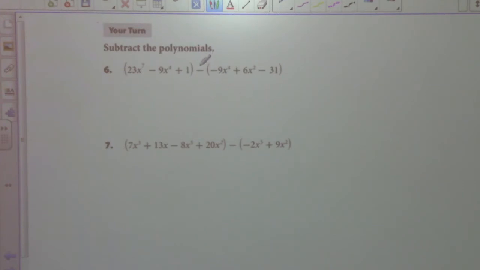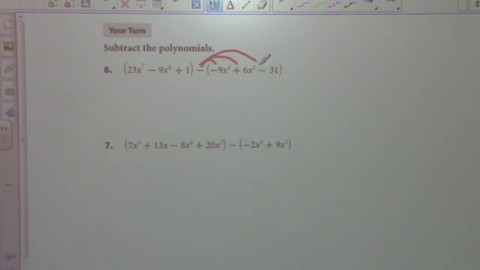So what I like to do is, the first polynomial in parentheses here, I'm just not going to worry about that at all, because that's what we're subtracting from. So that's in a good place. But for the second one here, we're going to distribute this negative sign.